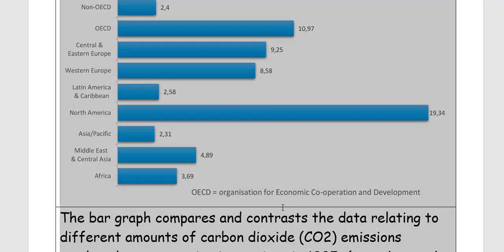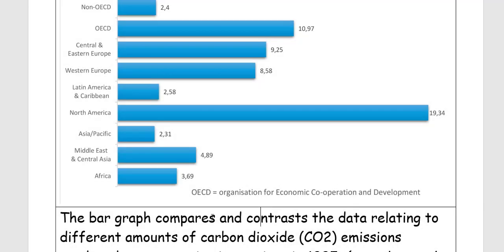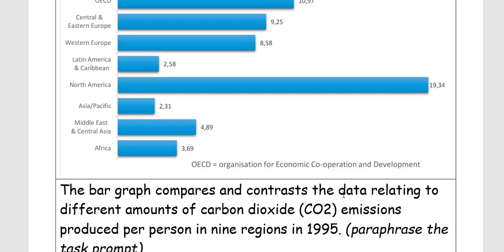Next, compares and contrasts. Compare, that basically means when you want to focus on something similar, and contrasts when you want to find something different. The data relating to, in this case, relating to means about.